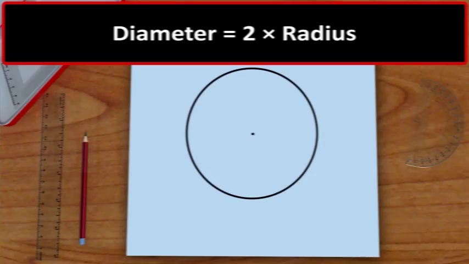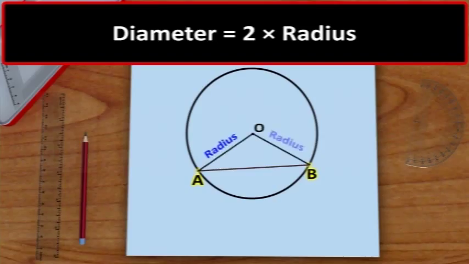To check this, let us take any chord in a circle, say with endpoints A, B. Let O be the center of the circle. Then segments AO and BO are radii of the circle. AOB is a triangle, and we know that the sum of the lengths of two sides of a triangle is always greater than or equal to the length of the third side.